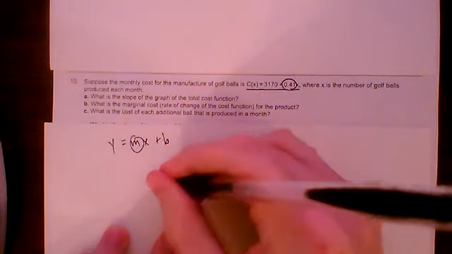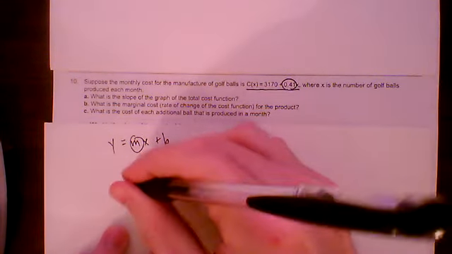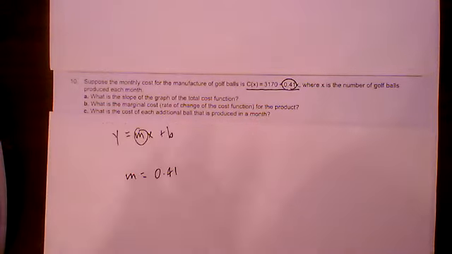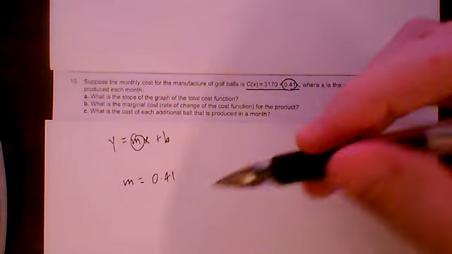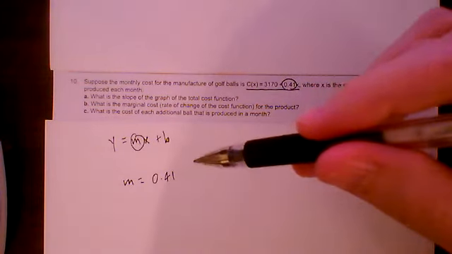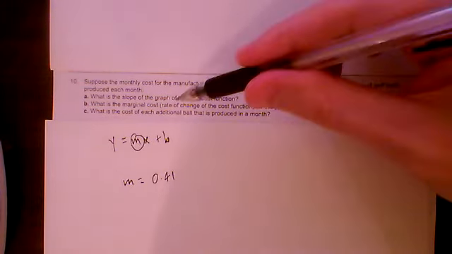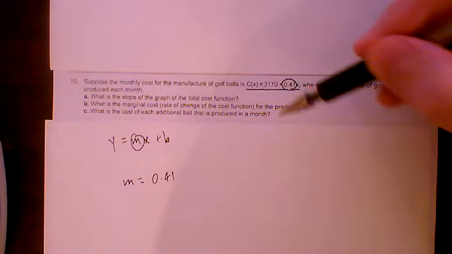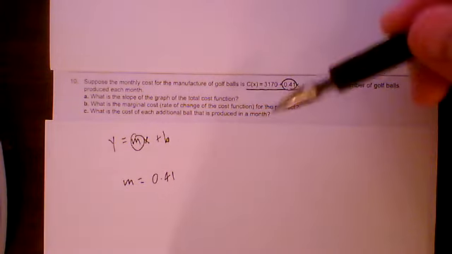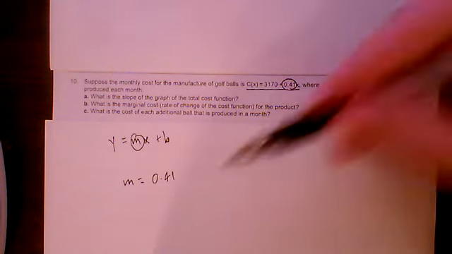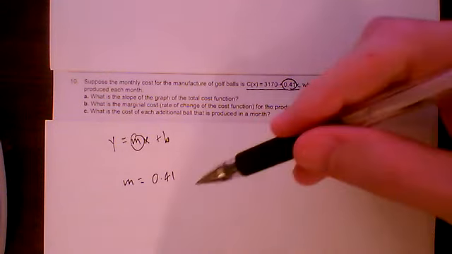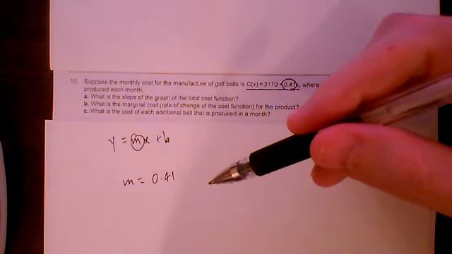And that 0.41 is our m, and that's the answer to the first question. That's the slope of our cost function. Okay. The second question asks us, what's the marginal cost, which it tells us is the rate of change for the cost function for the product? Well, the marginal cost, the rate of change of a function like this, is the slope. So that answer is also 0.41.